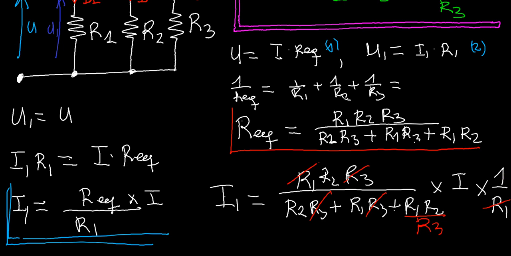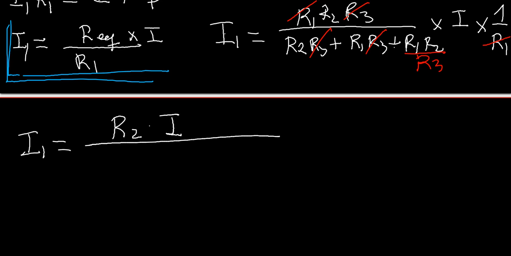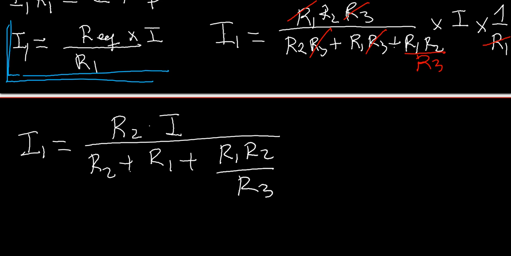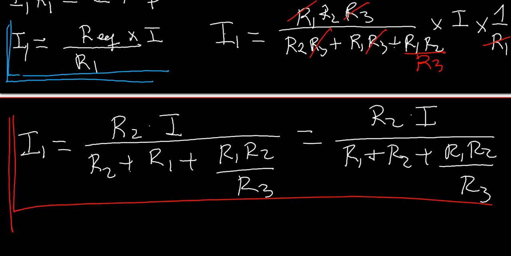If we arrange this expression very well now, we are going to obtain I1 equal to R2 times the main current divided by R2 plus R1 plus R1 R2 on R3, which is also equal to R2 times I divided by R1 plus R2 plus R1 R2 on R3, and the formula has been proved.